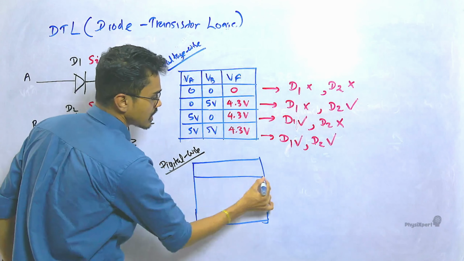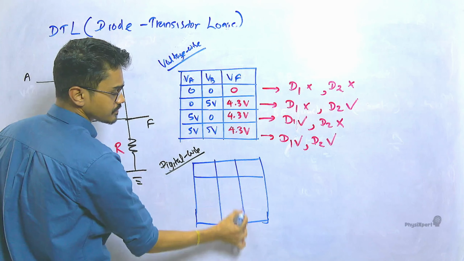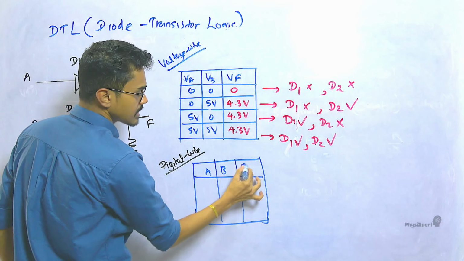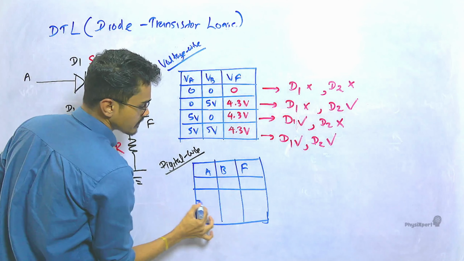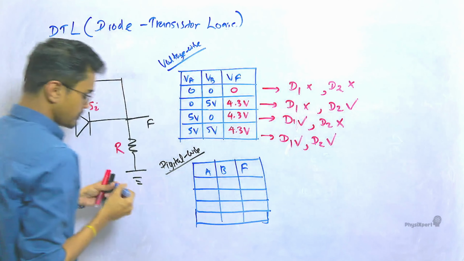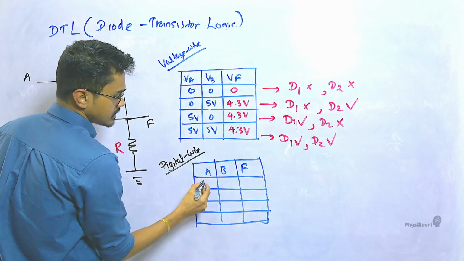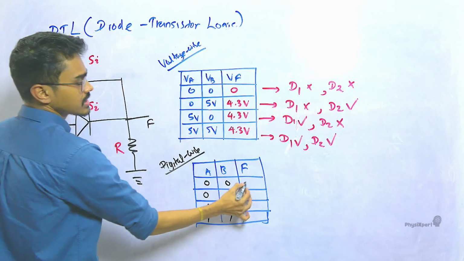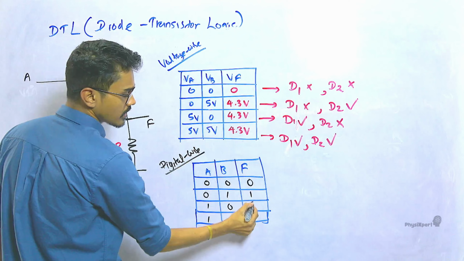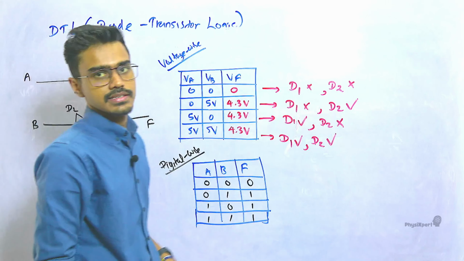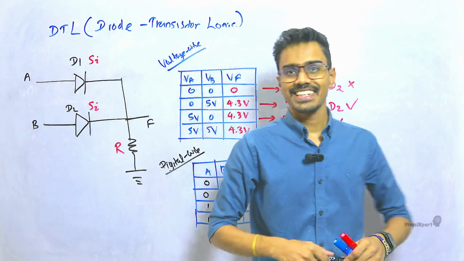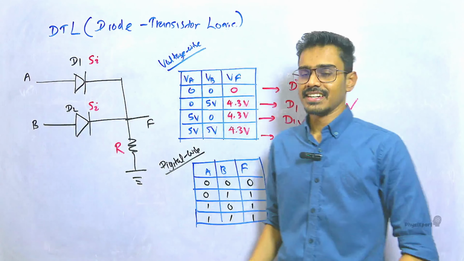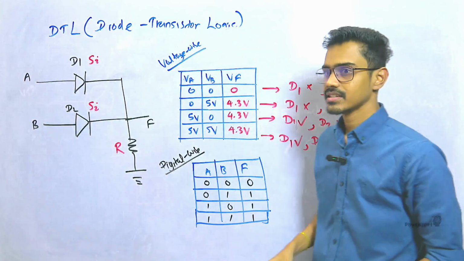Let's say these inputs are A and B, and the output is F. There are 4 possibilities: 0, 0, 1, 1 and 0, 1, 0, 1. Lesser value is considered 0, higher value is 1, so the output is 0, 1, 1, 1. What is this? A familiar, popular logic gate, that is the OR gate.